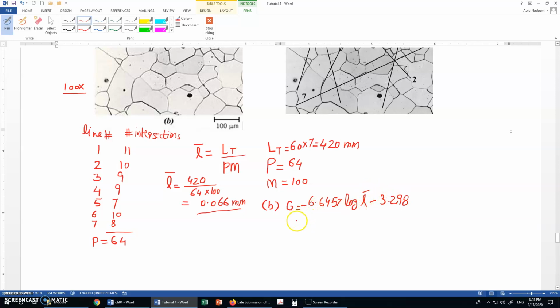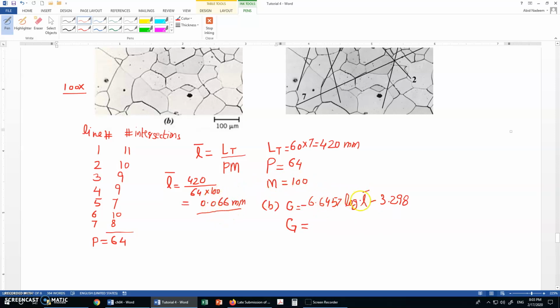This is an empirical formula, and the units of L bar should be in millimeter. If the units are something else, they must be converted into millimeter to use this formula. Now only one value needs to be put in, which is L bar.